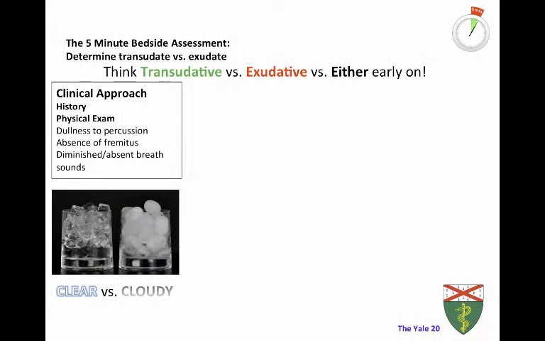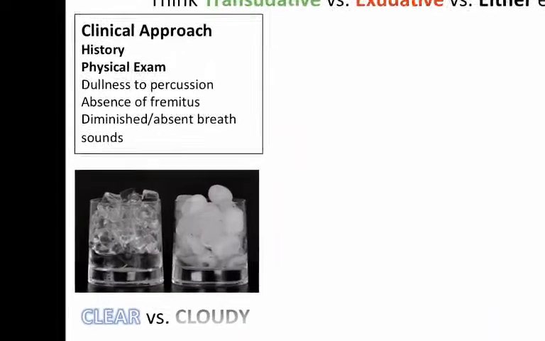One of the most important things that you do is take a history and physical. When you see a patient and you know they have an effusion, you want to think about what other information you can get from a history and physical that can help you differentiate between transudative versus exudative effusion early on. This is really important because you do very different things based on whether it's a transudative or an exudative effusion. The first thing is history.